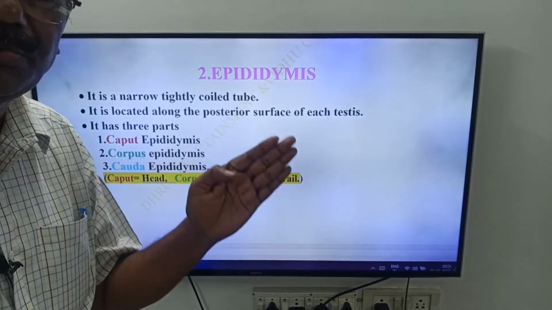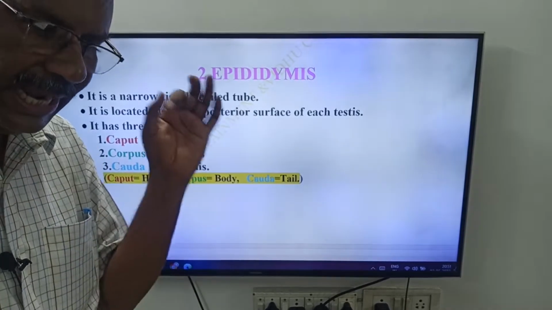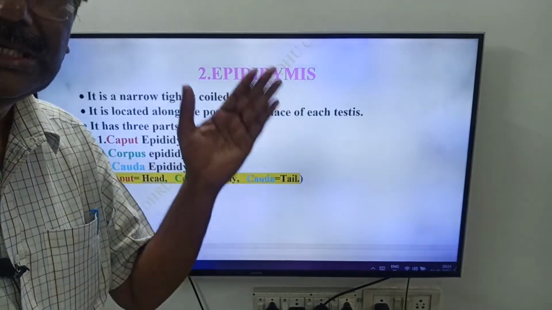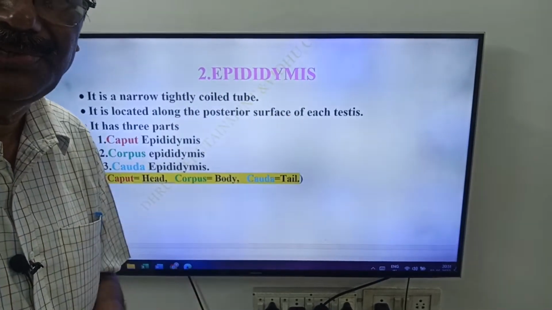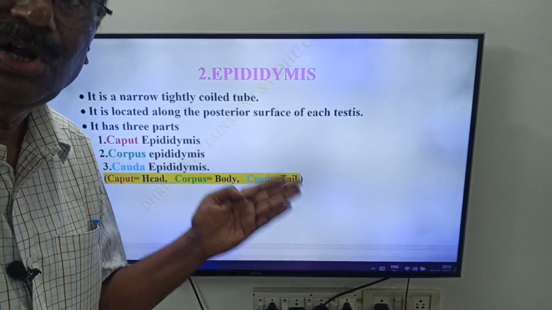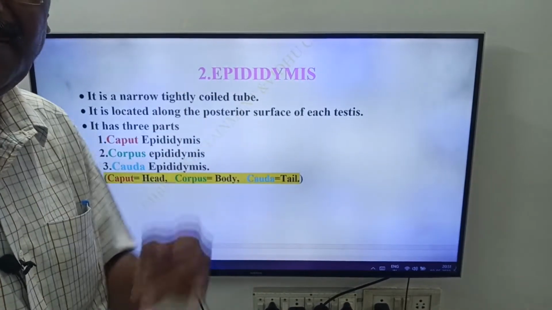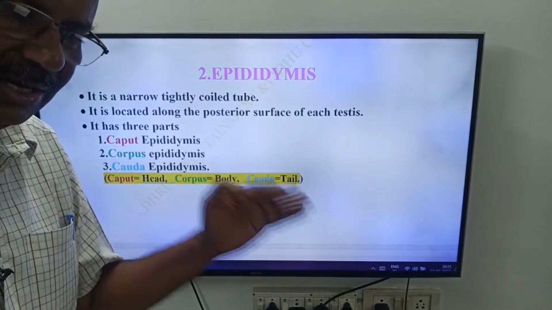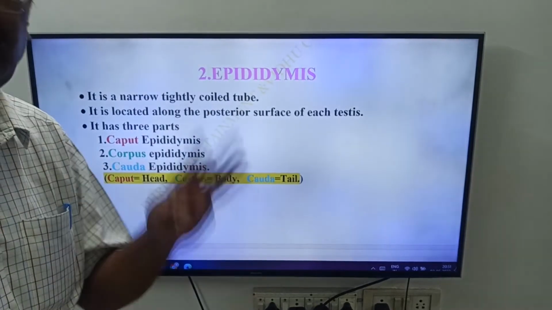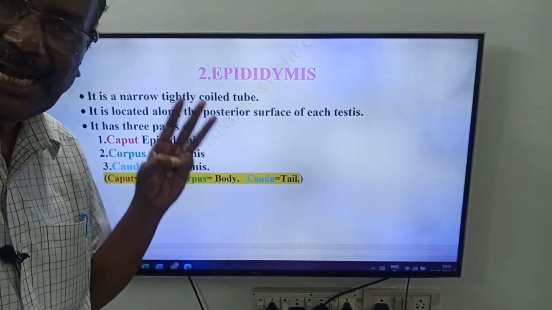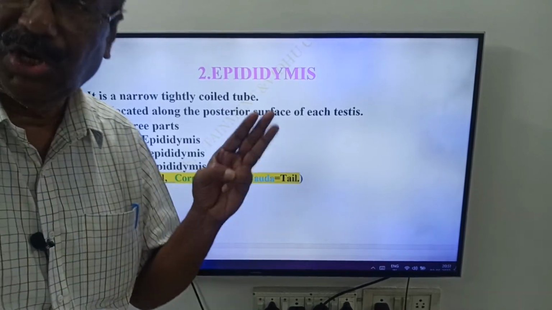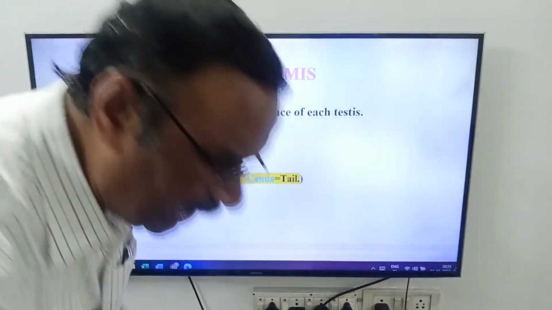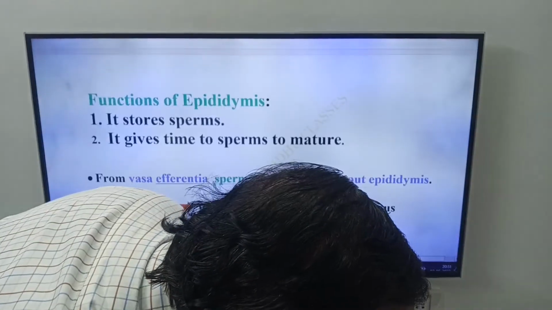Friends, do you know the meaning of caput? Caput means head, so that is the head of the epididymis. Second one, corpus, is the body of the epididymis. Third one, cauda, means the tail of the epididymis.